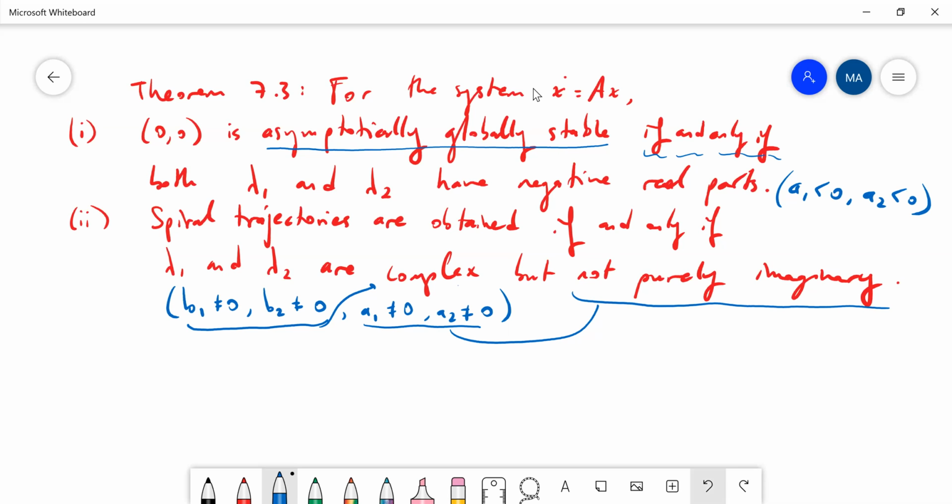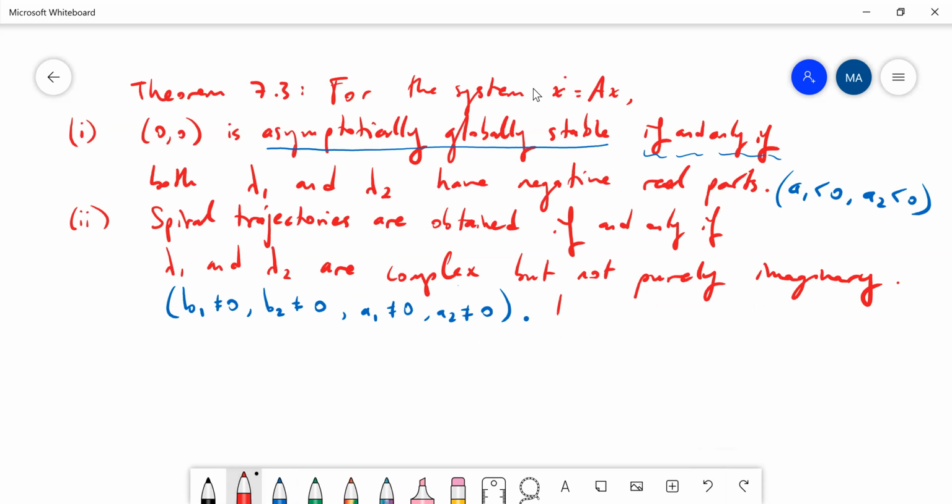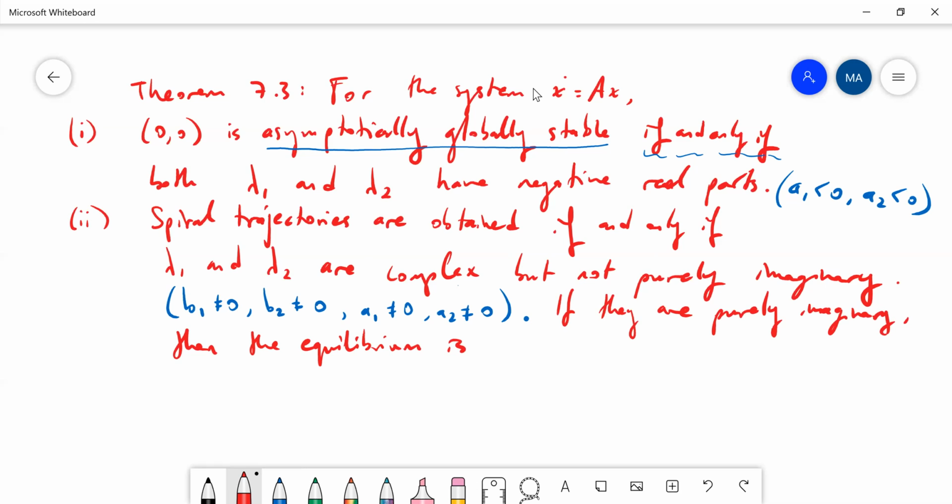There is an addendum here. If they are purely imaginary, then the equilibrium is centered. Okay?